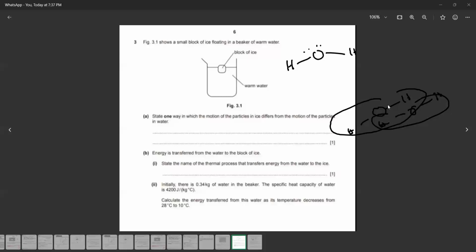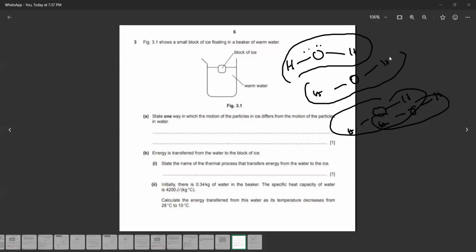But when ice forms, they have a regular structure or geometry. Because of this regular geometry, the density of ice is lower, because when they arrange themselves in a regular geometry, they take more space. When the same number of particles take more space, the density decreases.